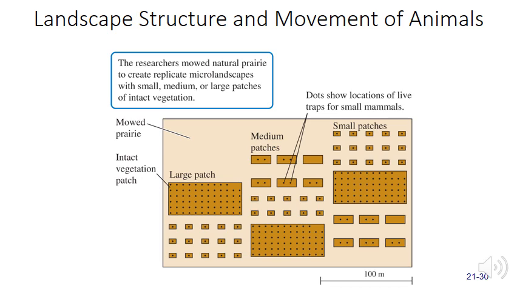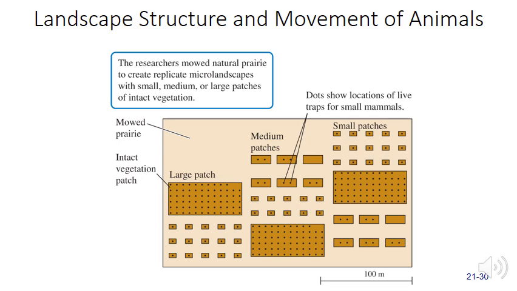The areas were each about 12 hectares in size. Some they left completely intact, so one large patch of prairie habitat. Others they mowed into 15 very small patches, and others into 6 medium-sized patches. Then within those regions, they released and trapped these 3 species of rodent.